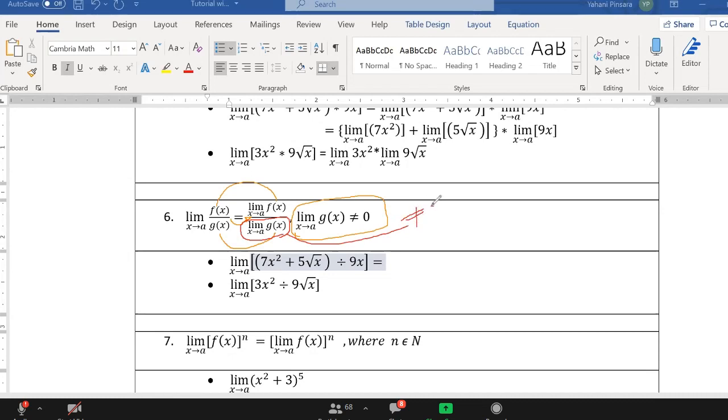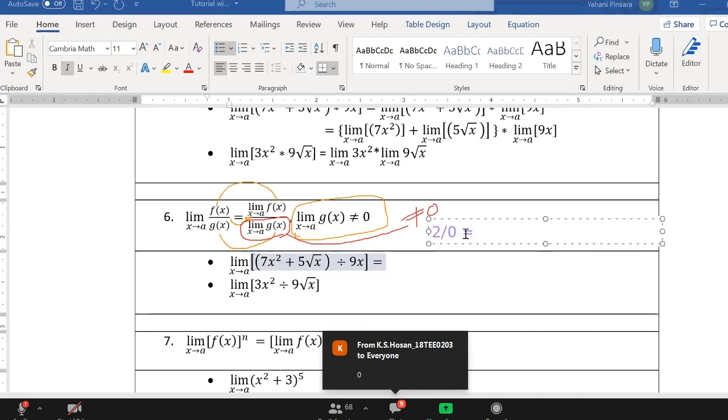So what happens is, if we take 2 divided by 0, can we find the answer?